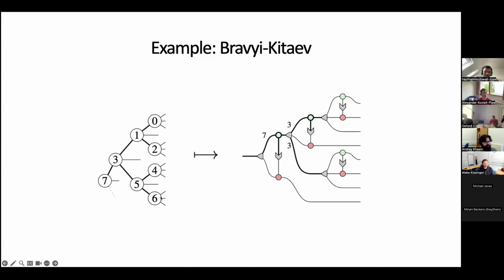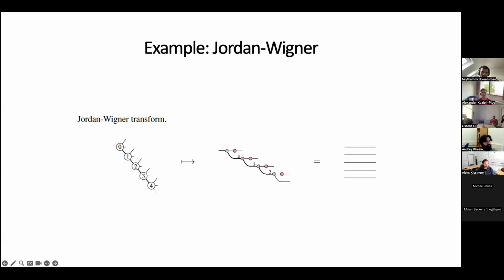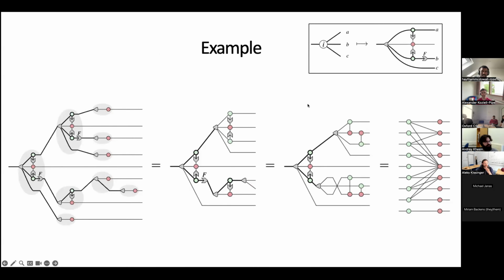We leave off the middle ones. That's how the translation works. And if you step through, let's go back a moment to look at this rule for translating ternary trees to ZX diagrams.